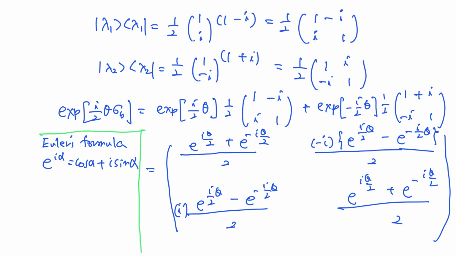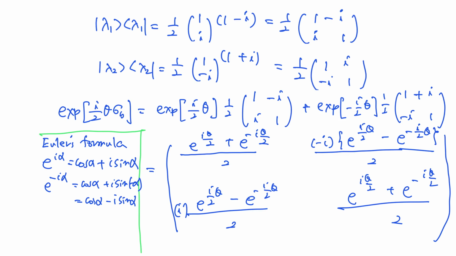How many of you are not familiar with Euler's formula? One. So this is probably a good time to learn. Exponential minus i alpha is cosine alpha minus i sine alpha.